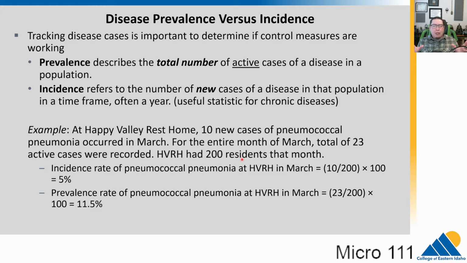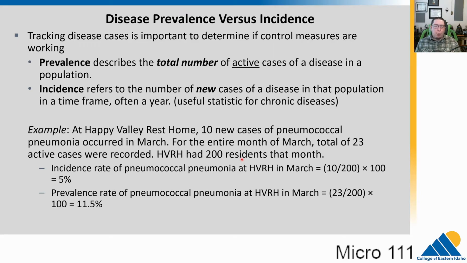Remember that these terms get normalized per 100,000 individuals in the population, so we can compare small towns versus big cities and things like that. So it's not just raw numbers, it's per 100,000 individuals. The time frame that we're looking at for incidence might be per year or per month or per week. It depends on the disease and what we're trying to assess here.